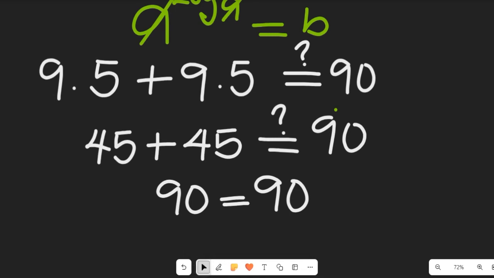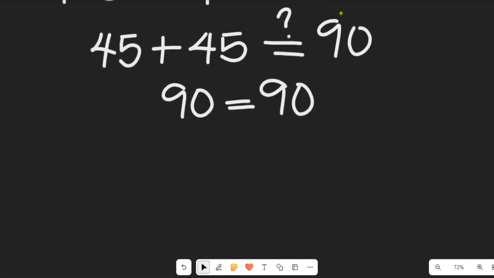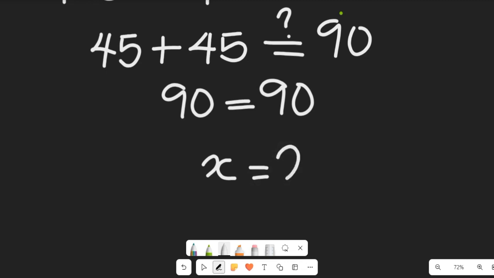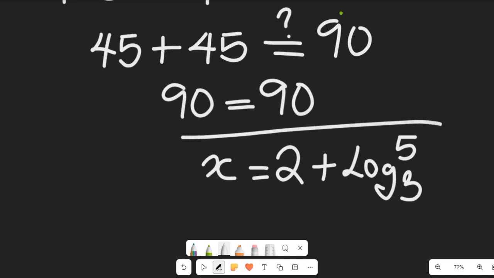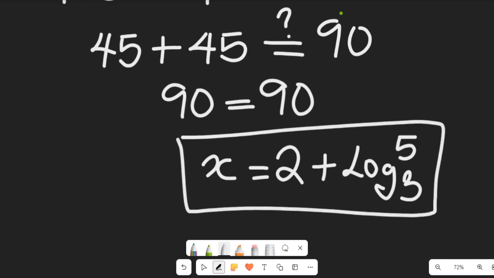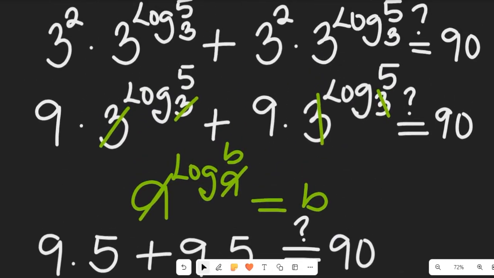So that tells us that the value of our x equal to 2 plus log of 5 base 3 is the solution that satisfies that exponential equation we are given up there.